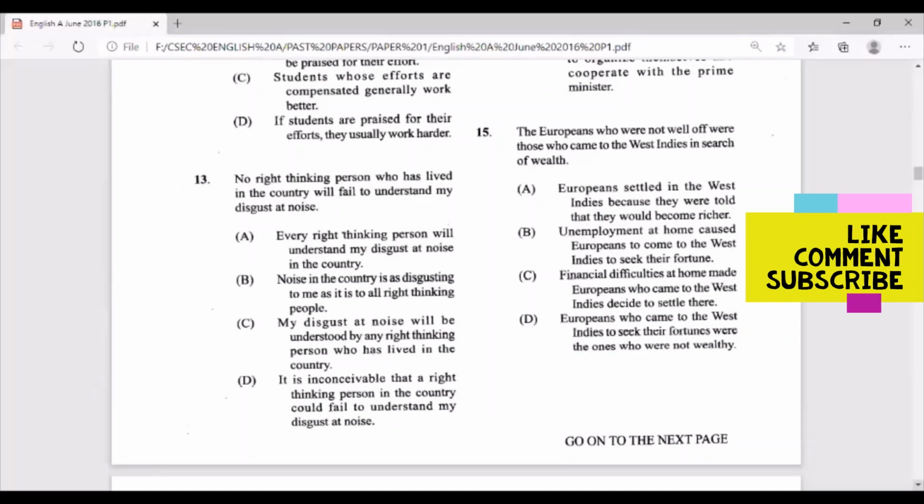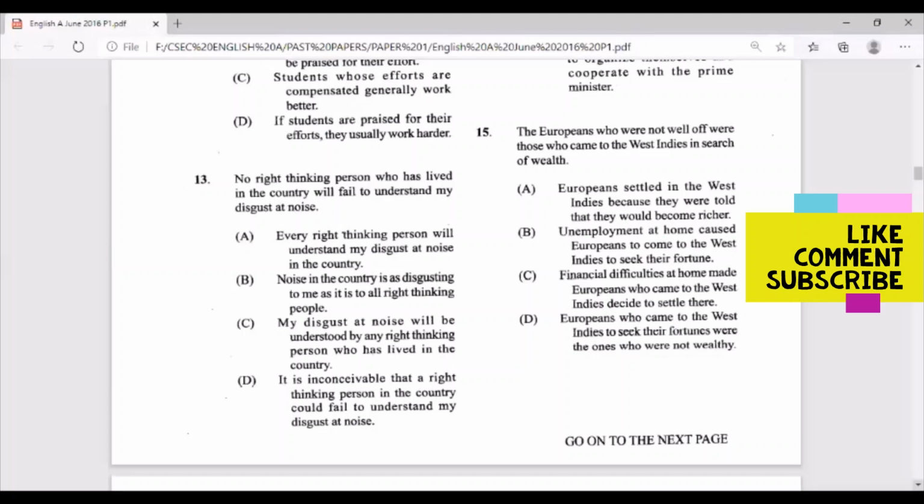So let's look at our options, and we're at 13. A, every right thinking person will understand my disgust at noise in the country. Okay, but we said these right thinking persons have to live in the country. So if you live in the country and you're right thinking, then you will understand. So let's hold on A first.